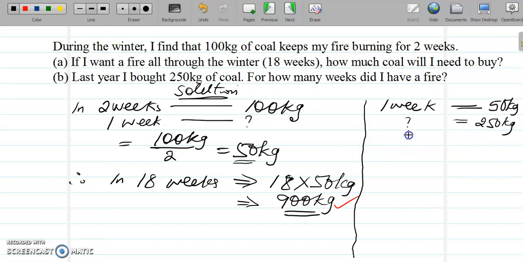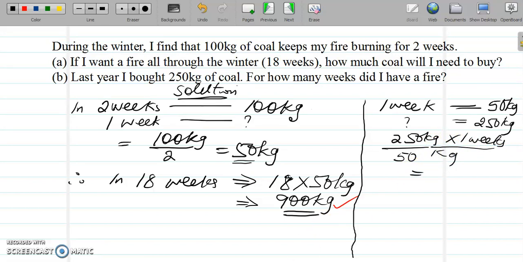So that gives us, cross multiply, 250 kg divided by 50. Okay, so that gives us how many weeks? Let's check.